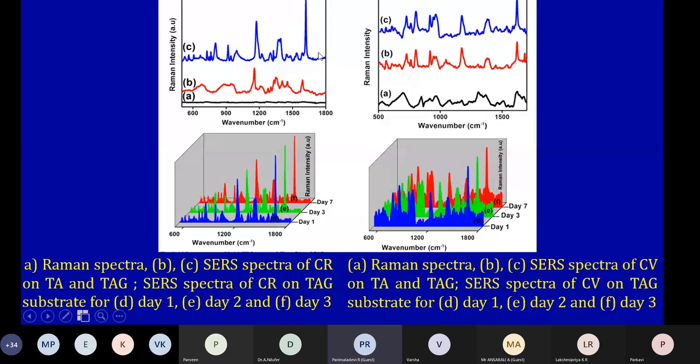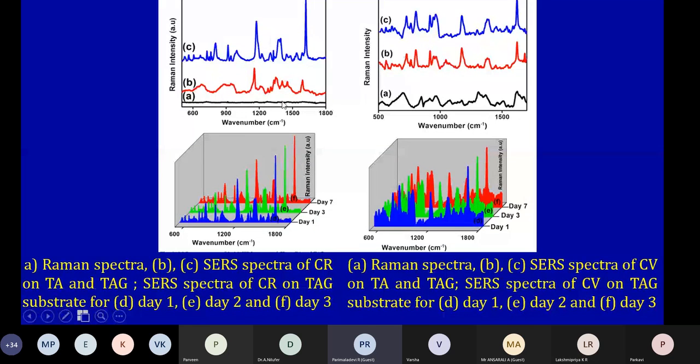So we studied the Raman spectra for this, and then for that we take two dyes, that is Congo red and crystal violet.